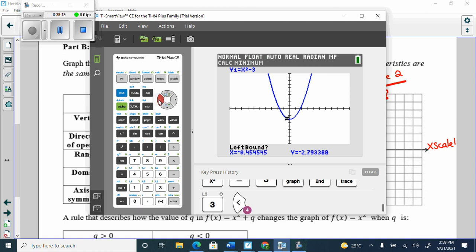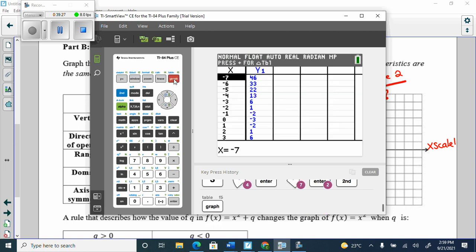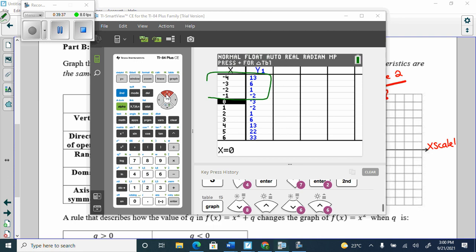Left bound, enter, right bound, enter, enter. And then I know it's at 0 and negative 3. So I go to my table of values, and I find 0 and negative 3, which is here. And then I pick values above it, values below it. The more you put on, the better you are.